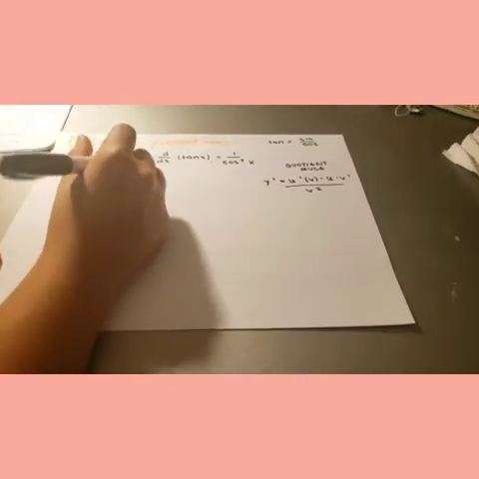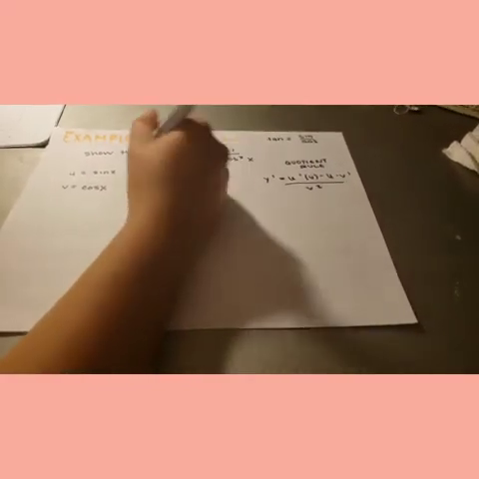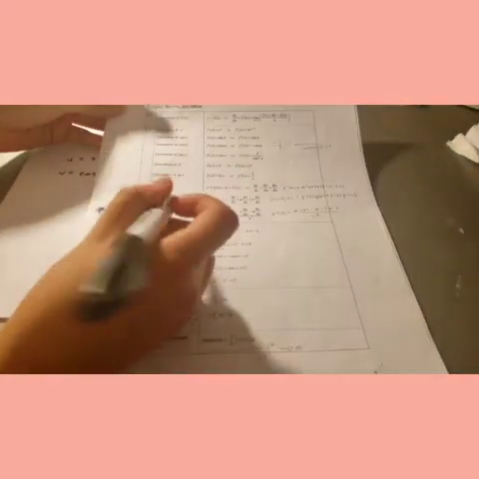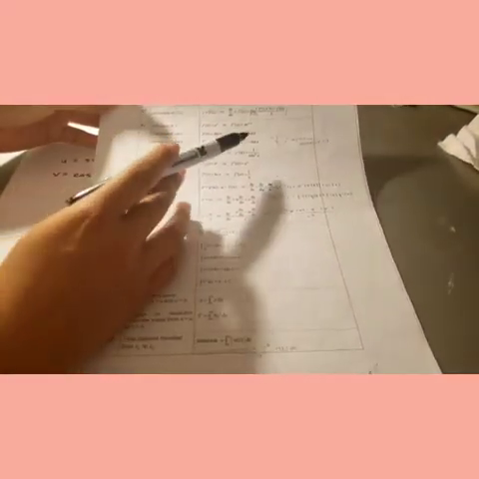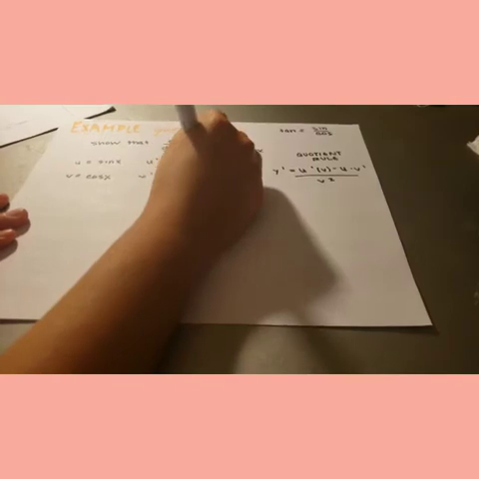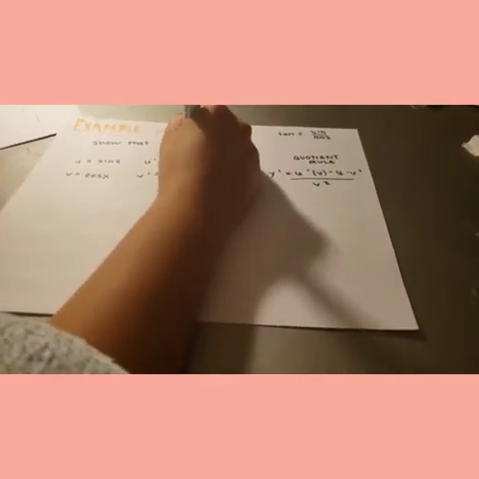So now we have to find the derivative of these functions, u prime and v prime. If we look in our formula packet, the derivative of sine x is cosine x, and the derivative of cosine x is negative sine x. So it's very important to refer back to your formula packet so you know if you are differentiating correctly.